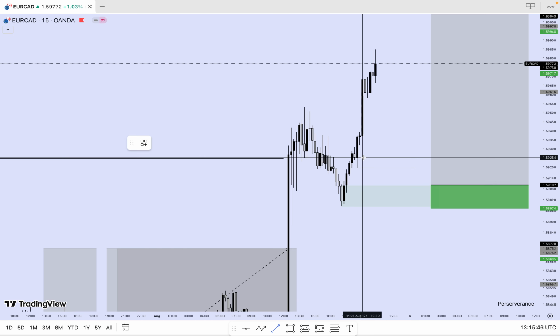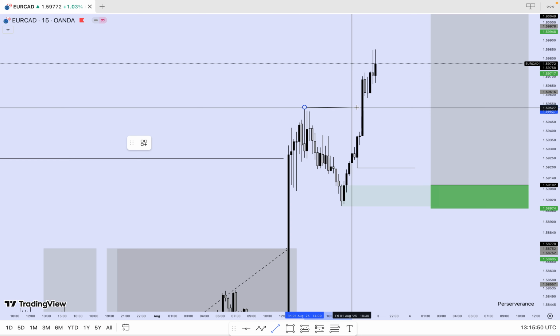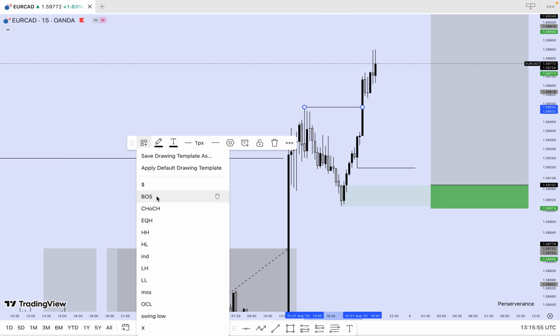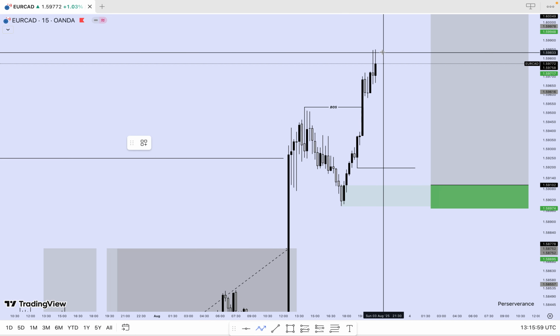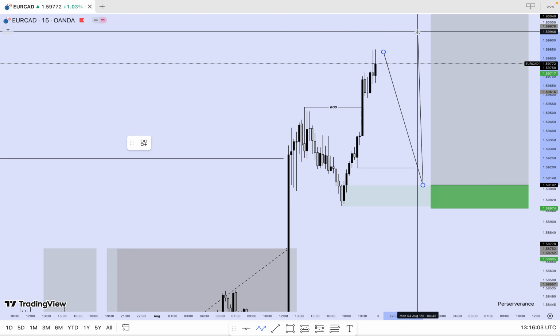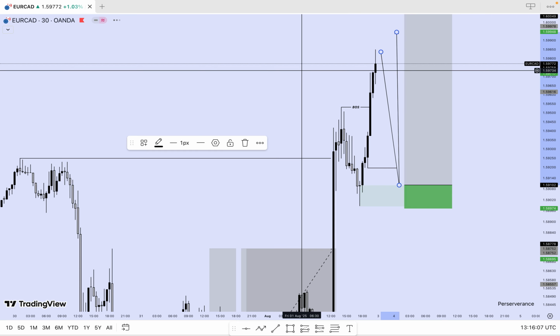We know that this inducement is valid because it gave us a break of structure. So if price is coming back down now, I'll be looking forward to buy the market from here back to the upside. So it is as simple as that. You just need to follow all the rules.